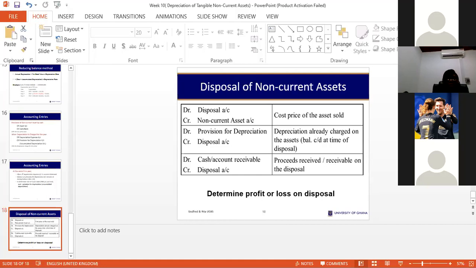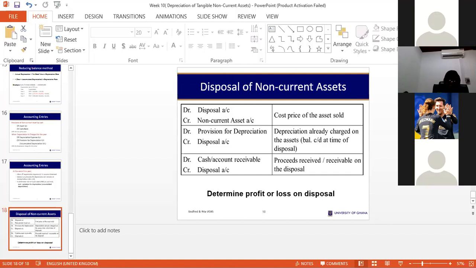So those that you have already allocated, you debit the provision and credit the disposal account. Now, because you have sold it, you would have received some cash. And as usual, say you sold the motor vehicle costing 500,000 for maybe 100,000 cedis cash. You would have received cash into your cash account and you credit your disposal account.